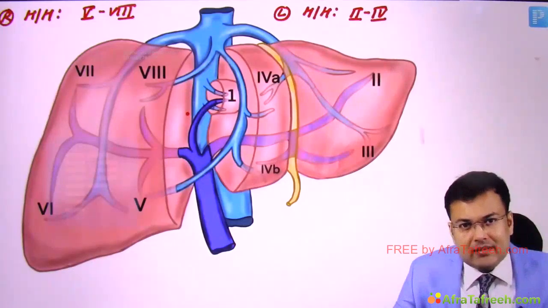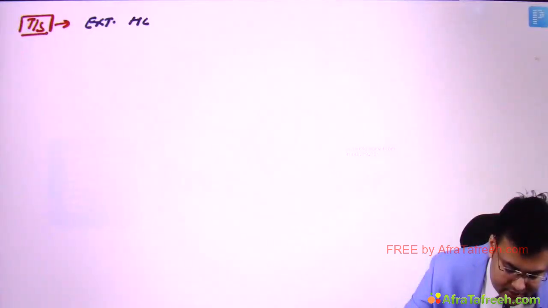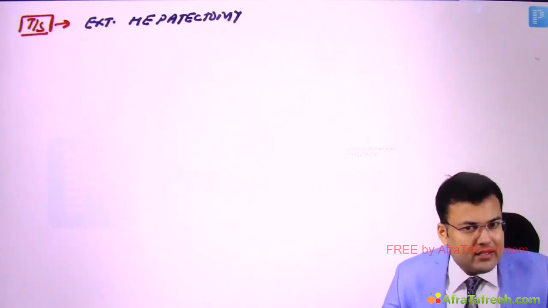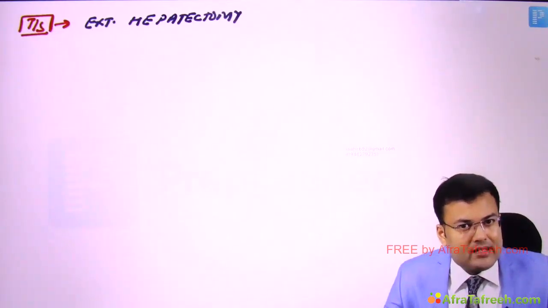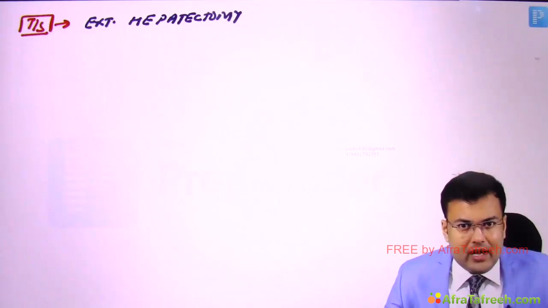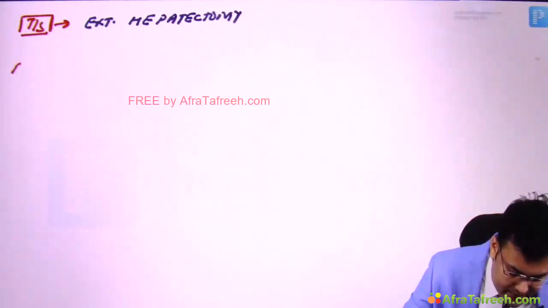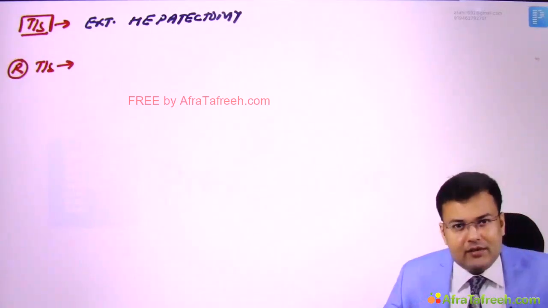Now what is trisegmentectomy? Trisegmentectomy is also known as extended hepatectomy. So if we are going to discuss right trisegmentectomy, the name should be extended right hepatectomy, and if it is left trisegmentectomy, it means it is extended left hepatectomy. Okay, so suppose the question is asked, in right trisegmentectomy, what are the segments of liver which are removed?